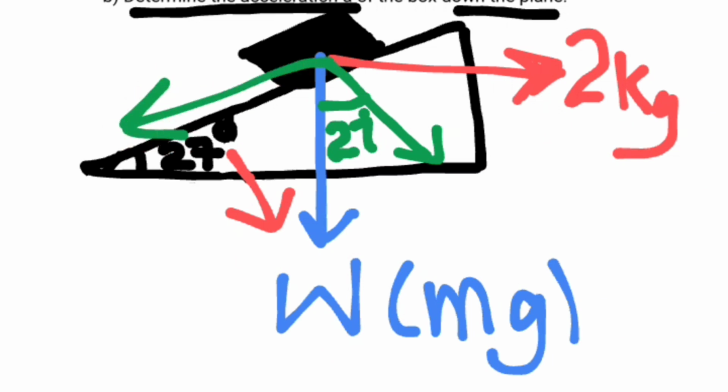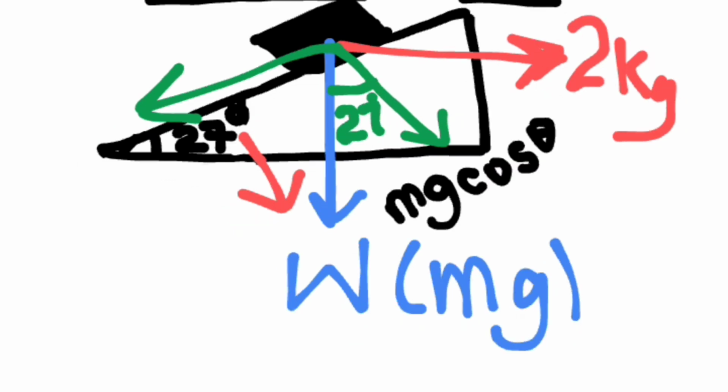So the first component is mg cos theta, and the component of the weight along the inclined plane is mg sin theta.